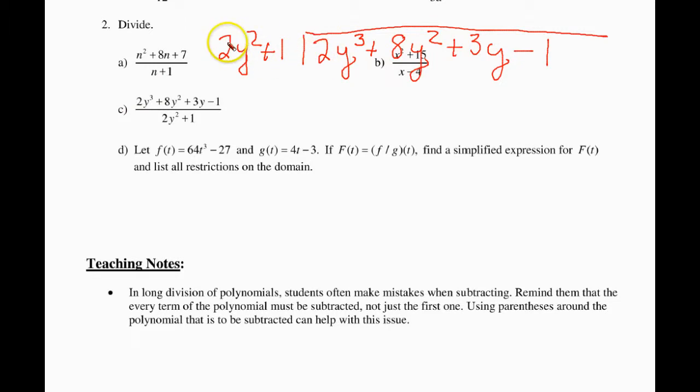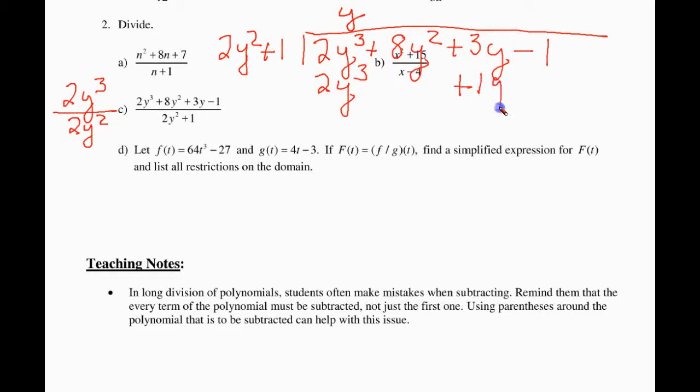Now again, if you're wondering how many times does this go into that, use this technique. 2y cubed divided by 2y squared, and this just goes into there y times. Now, 2y squared times y gives you 2y cubed. Now, plus 1 times y, you have to put this in its right place.